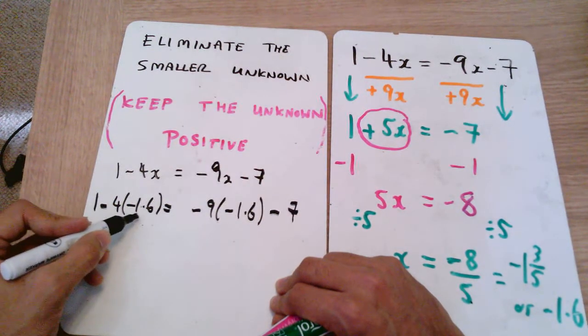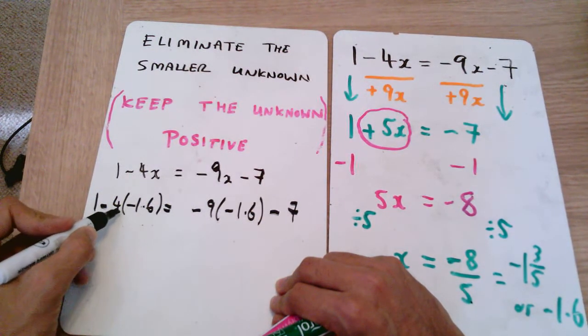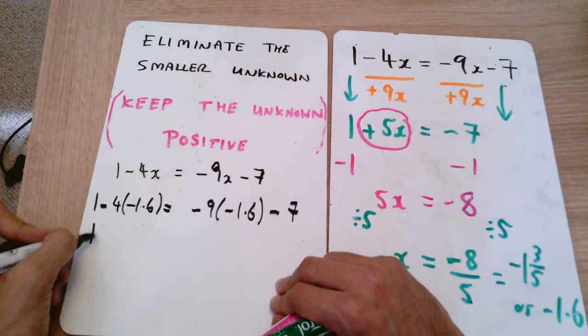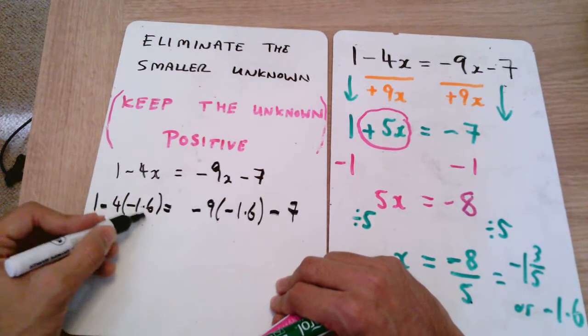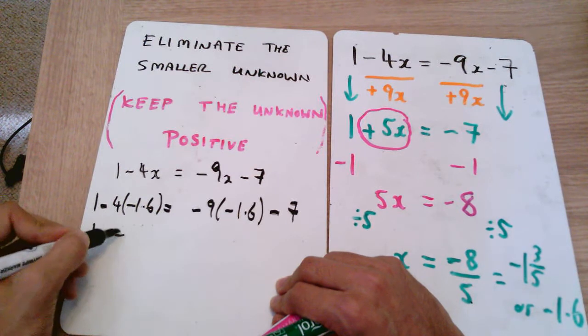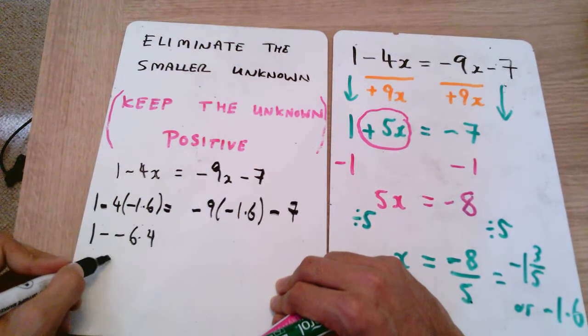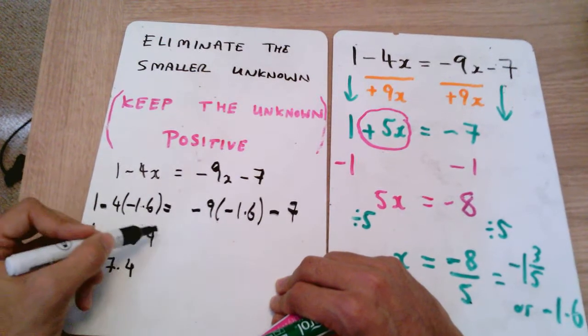Now 4 lots of minus 1.6 is minus 6.4. That gives us 1 minus 4 times this. It's going to be 1 minus minus 6.4, which is 7.4.